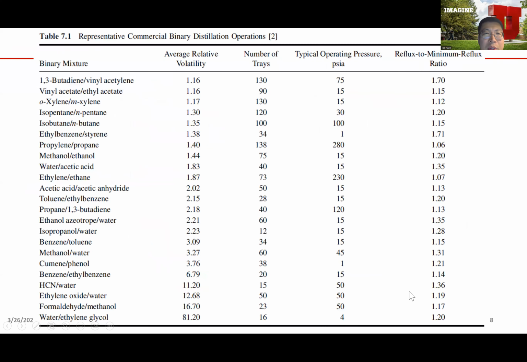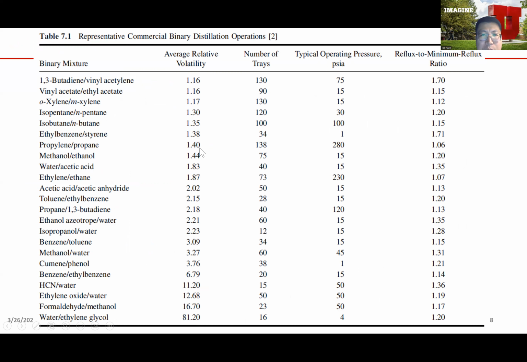Okay, so this table shows many different binary mixtures that can be separated by binary distillation operation in the industry, right? And it's listed in the order of increasing relative volatility.